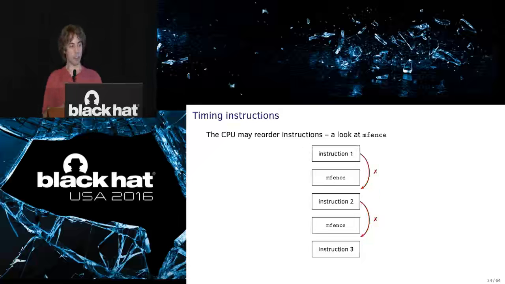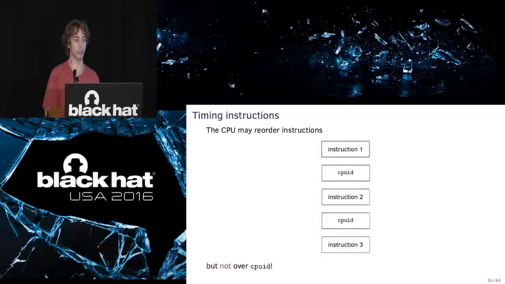So we need some additional instruction that provides full serialization of our instruction sequence. And actually there is an instruction that allows us to do that, and that is CPUID. So we have to run CPUID before and after the instruction that we want to measure with a high cycle accuracy. Now CPUID is an instruction with a huge overhead, and we observed noise while we measured different instructions when using CPUID, so we had to figure out a way to make the measurements really reliable.